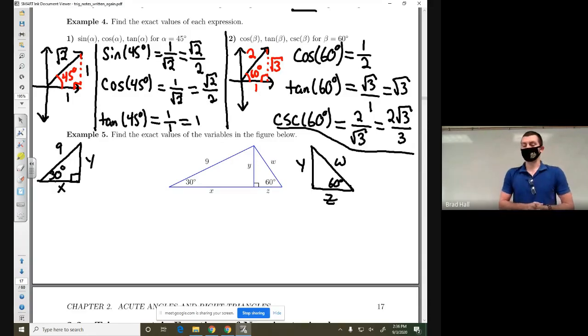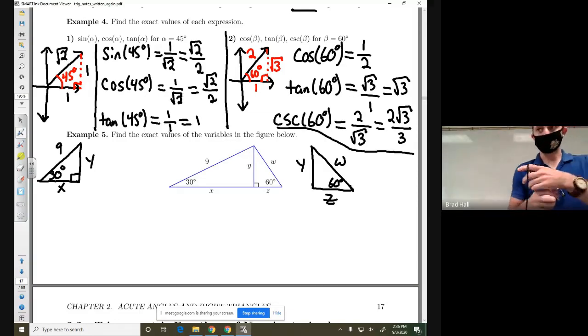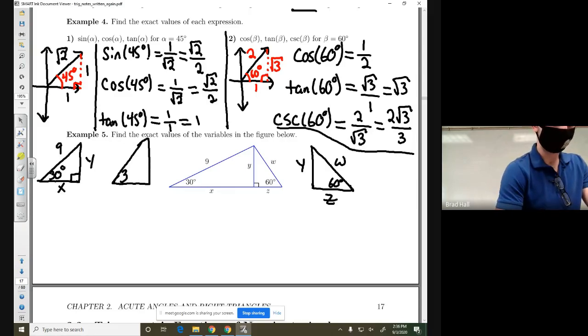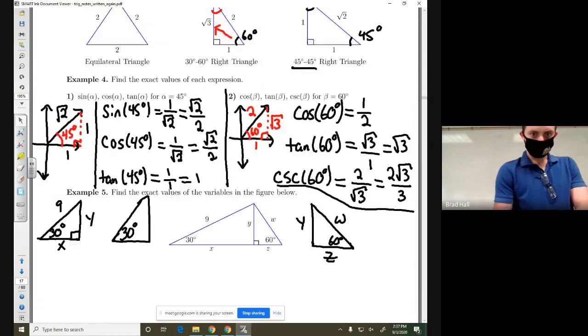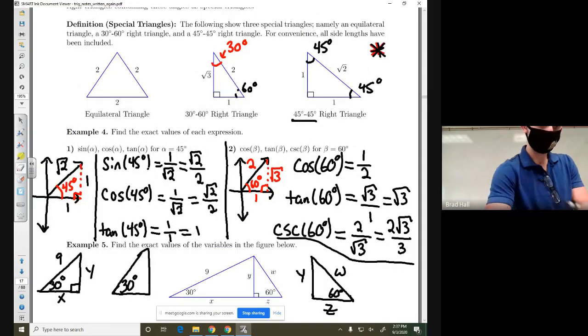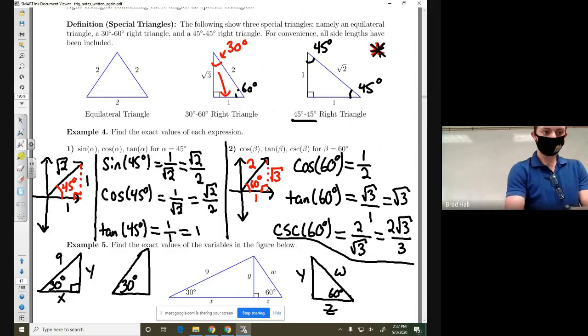Well, the point is that, and I'm going to draw that triangle again. So the triangle that was above, what the diagram had, if 30 is down here, then we see the thing that's across from 30 is 1.